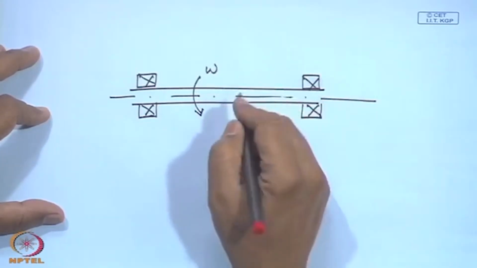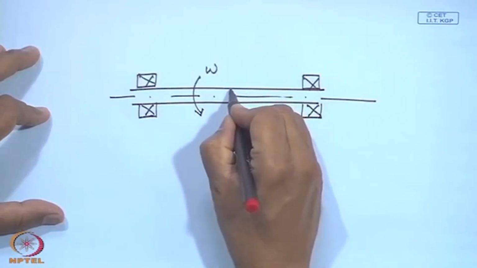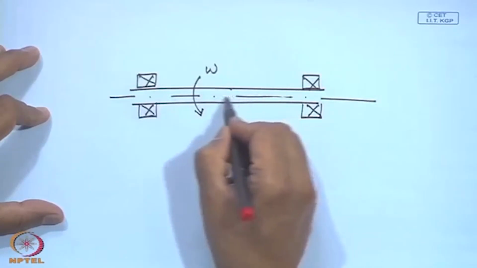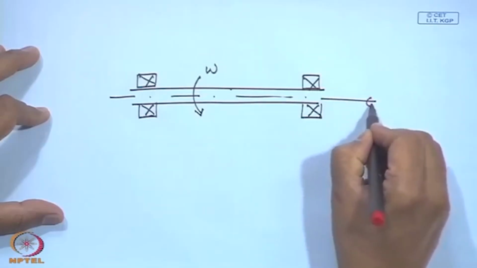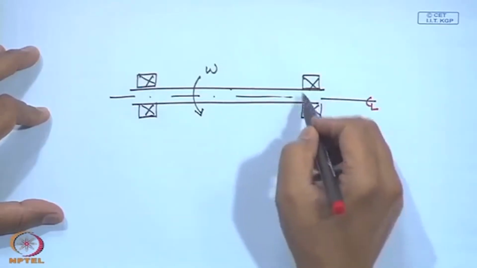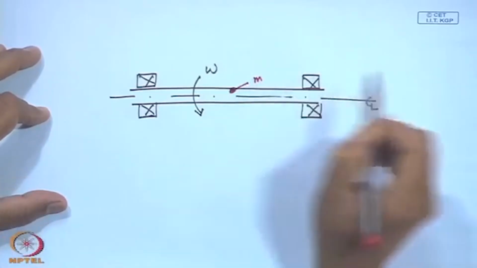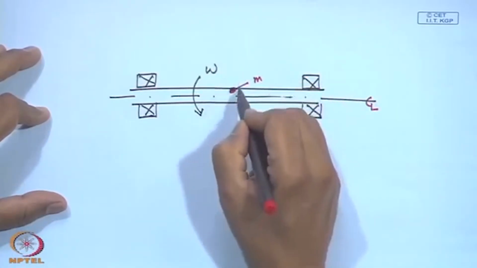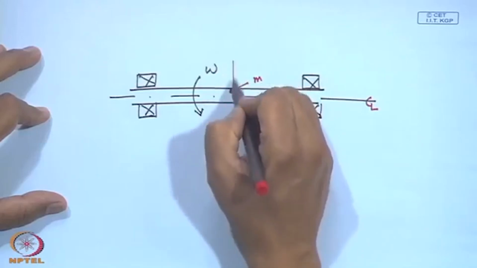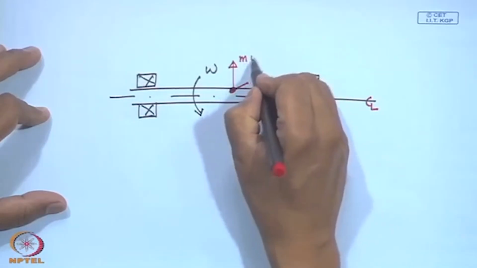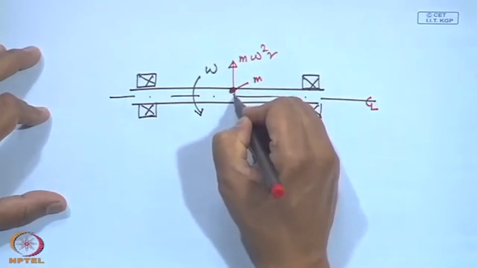Now, if for some reason there is an unequal distribution of the mass which is rotating around the geometrical center line of the body, and there is a small mass m. This mass, because it is not uniformly distributed, is going to give a force m omega square r.